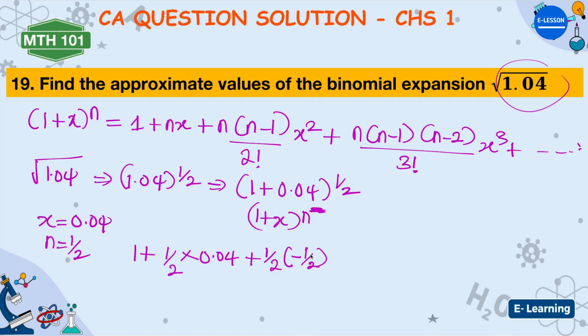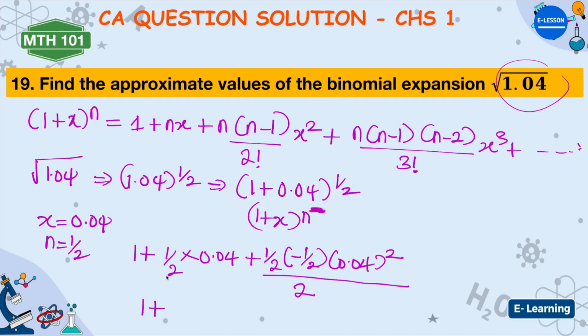Then we have x squared, which is 0.04 squared, everything divided by 2 factorial, which is the same as 2. We can end it here.